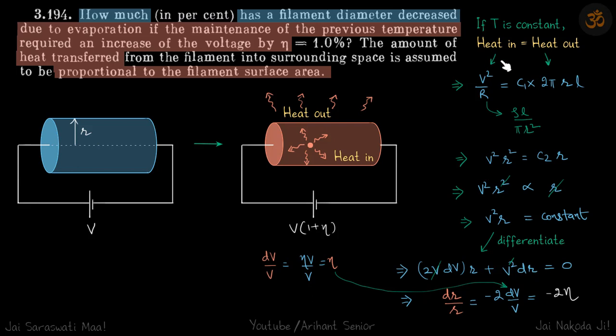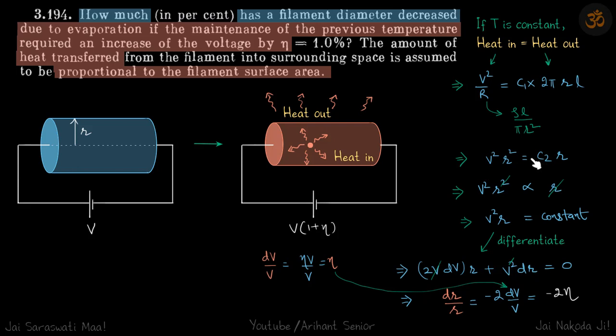So let's start with what we have discussed before. If temperature is constant, heat in is equal to heat out. Heat in is V square by R, and R is rho L by A. And heat out is some constant times 2 pi RL, lateral surface area. So if you put these values, rho L, pi, C1, 2 pi, L, all those we can put as another constant C2.